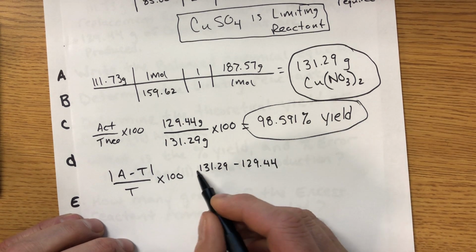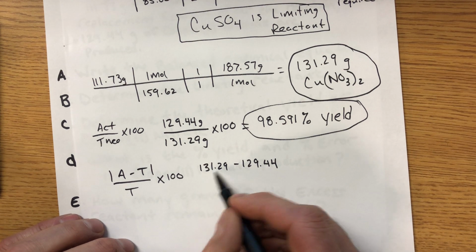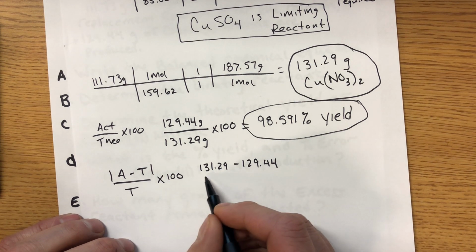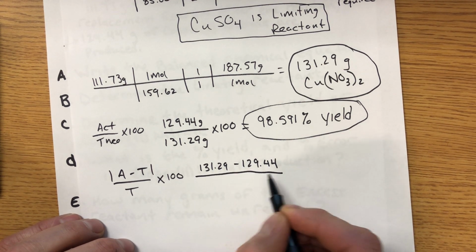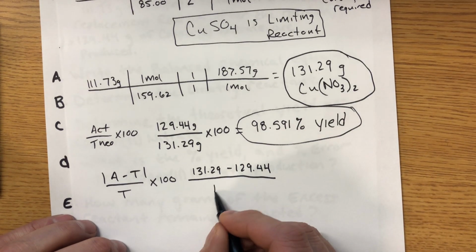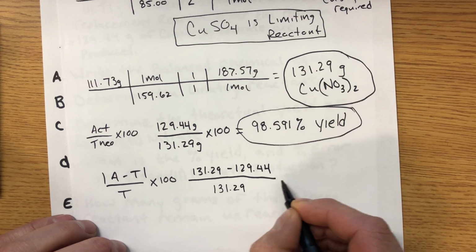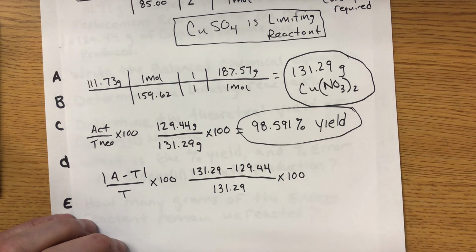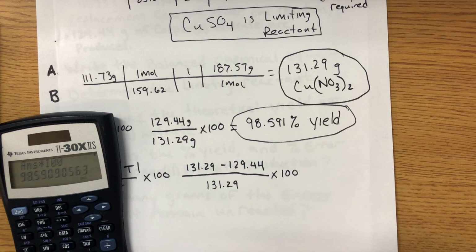I always put the bigger number first so I don't have a negative number. Then we divide that difference by the theoretical yield, 131.29, and multiply by 100. That should give us about 1.5% or so.